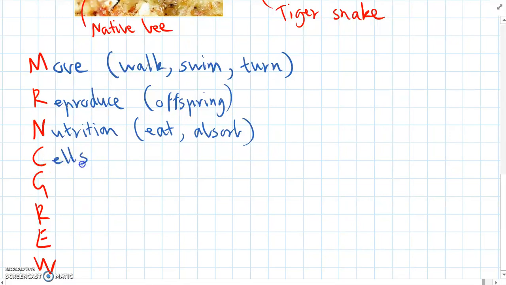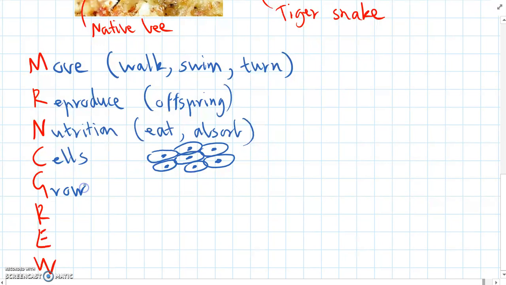The C stands for cells, and every living thing is made up of cells, which if you look into a microscope at something living, you can see small cells that make up every living thing. The cells might be different depending on the type of living thing, but everything's made of cells that's living.